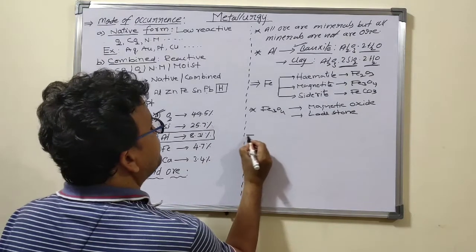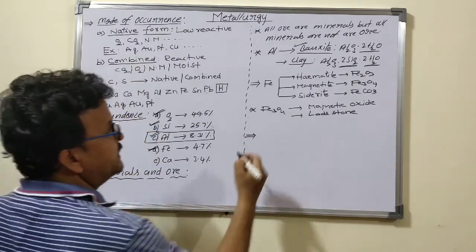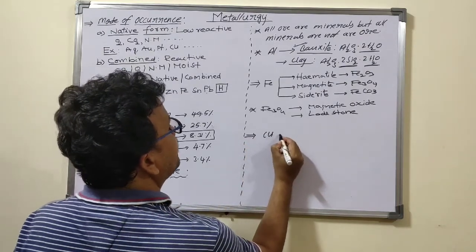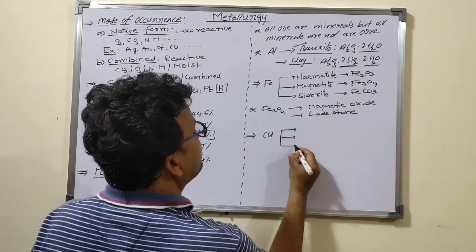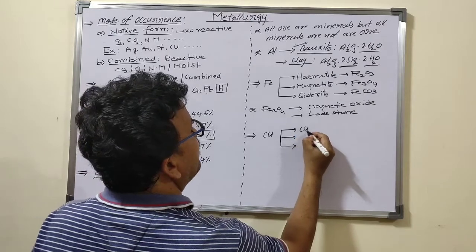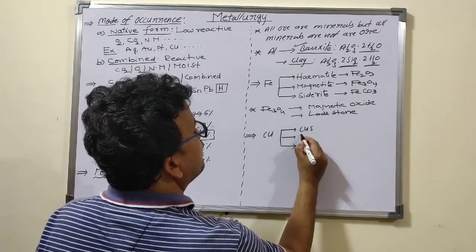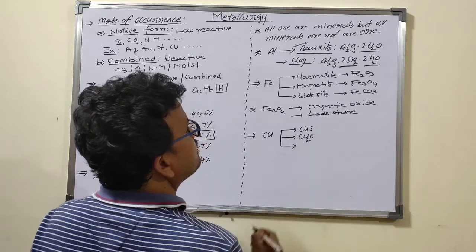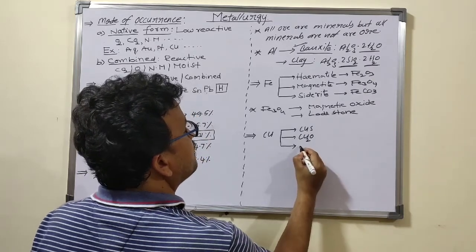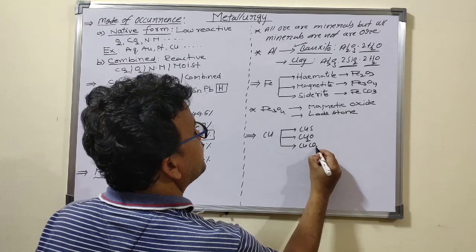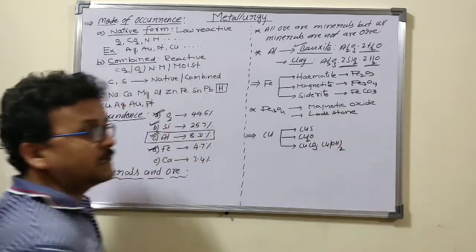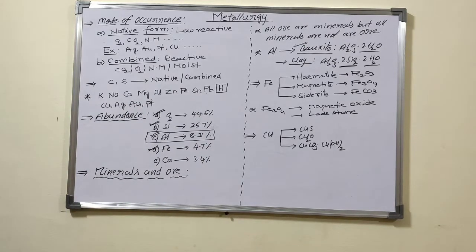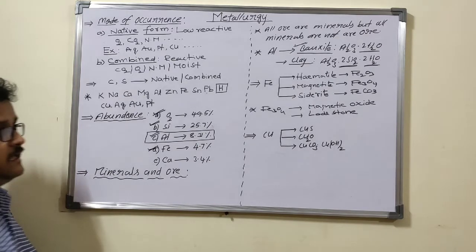And next, another metal we have, that is copper. Copper also exists in different forms: in copper sulfide form, Cu2O form, CuCO3, CuOH twice form, meaning sulfide form, oxide form, carbonate and hydroxide form.